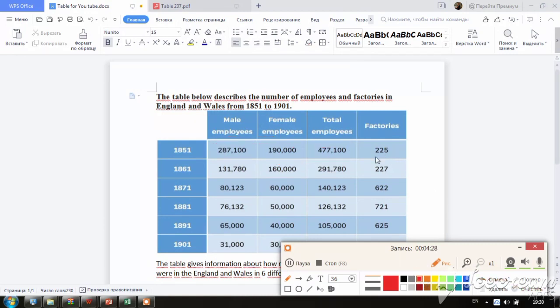But factories are much lower compared to other years. And in this table, male and female employees' figures dropped year by year.